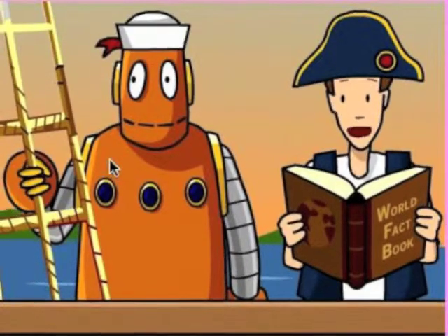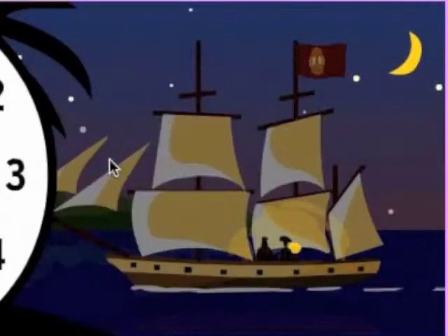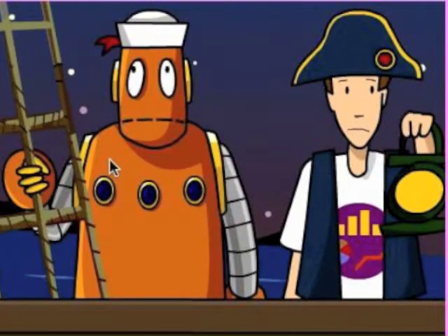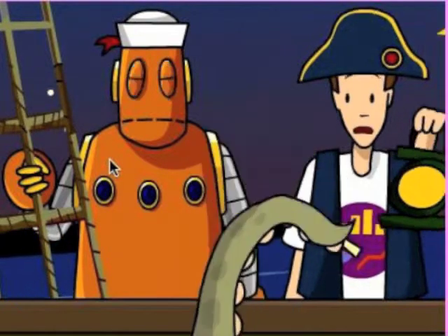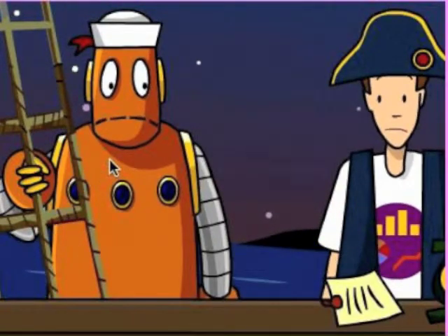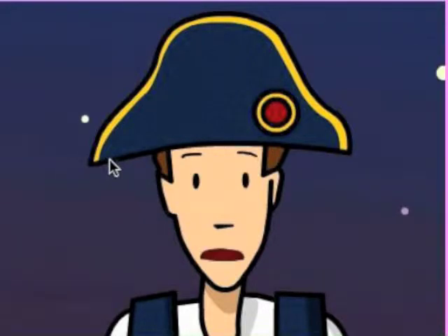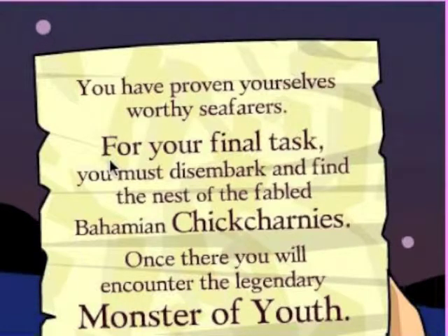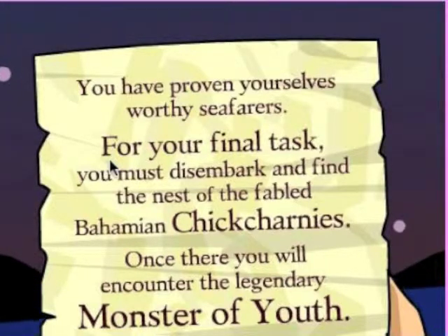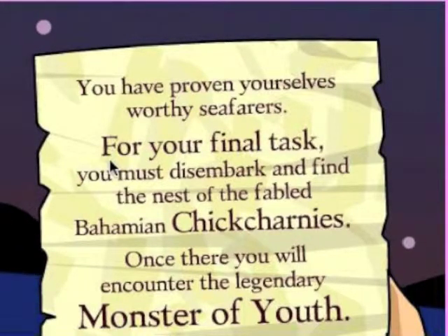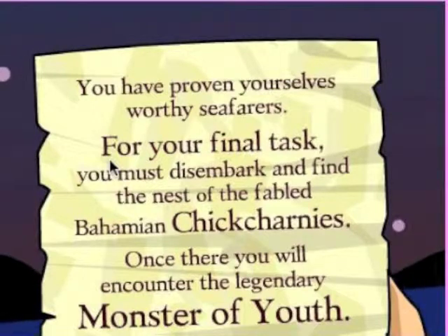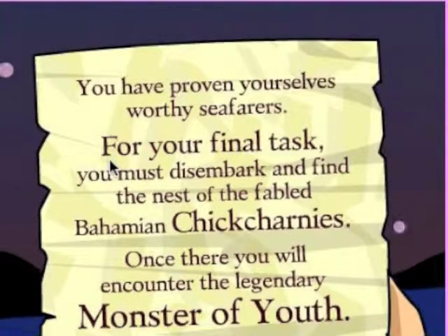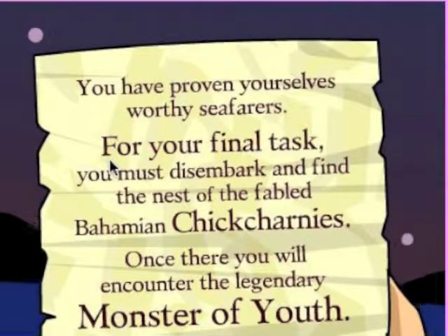Off to Andros, my good man. Robot. Huh, I don't see any birds. Wonder if we made a wrong turn. Ah! Okay, just an octopus, nothing to see here. You have proved yourselves worthy seafarers. For your final task, you must disembark and find the nest of the fabled Bahamian chickcharnies. Once there, you will encounter the legendary monster of youth.